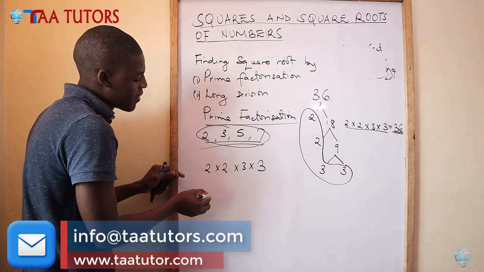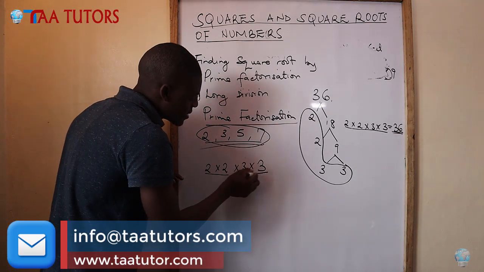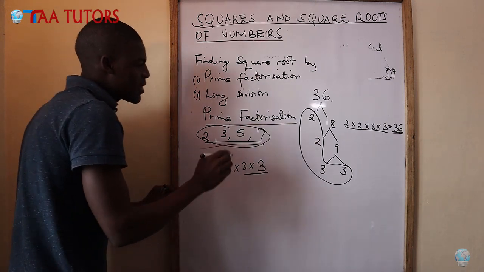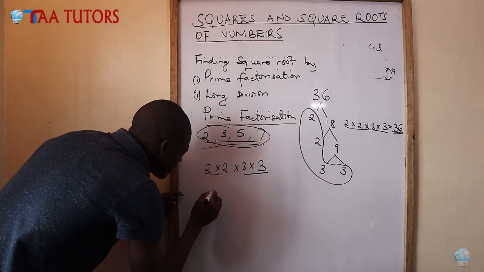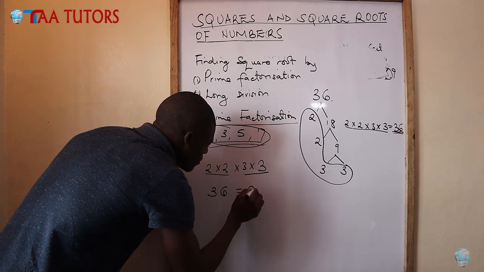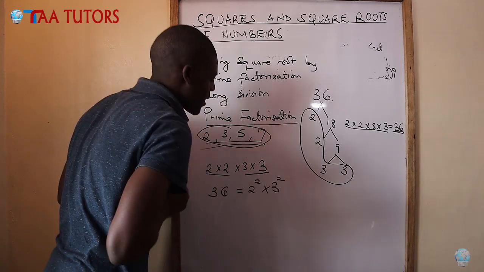Like here, the first pair will be 2 times 2 because we have two 2's. Then the next pair will be 3 by 3. From each pair, you will see that 36 will be 2 squared by 3 squared.